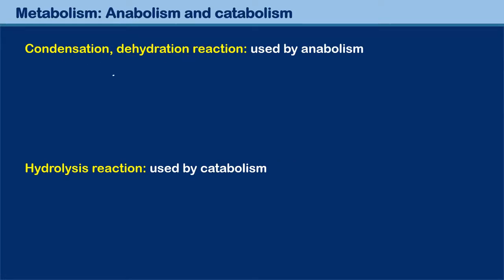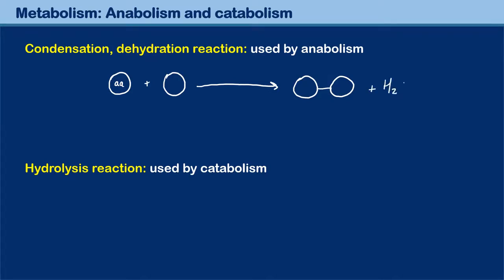So if I have, for example, two amino acids, amino acid 1 and a second amino acid over here, and I make a dipeptide, when I join these two amino acids together, a bond is formed, and also water is produced in the process, plus H2O. So this is a dipeptide. This is called a condensation or dehydration reaction because water is removed.